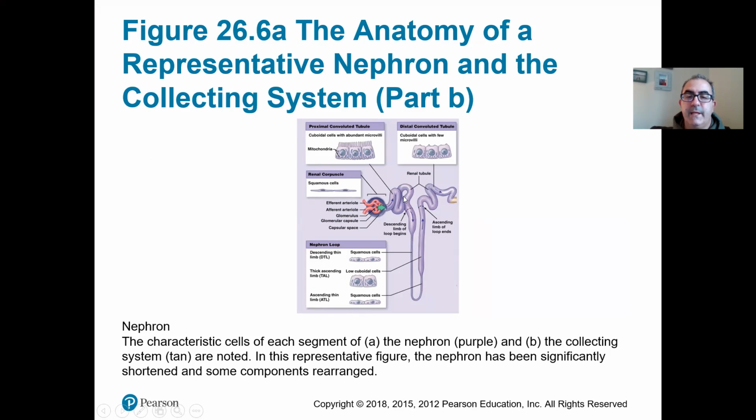Some books call it Bowman's capsule. Some call it the renal corpuscle. But the glomerulus refers specifically to the capillaries within that. And this would be the proximal convoluted tubule, right? Then this is the nephron loop. You've got a descending limb and an ascending limb. Then this is the distal convoluted tubule.